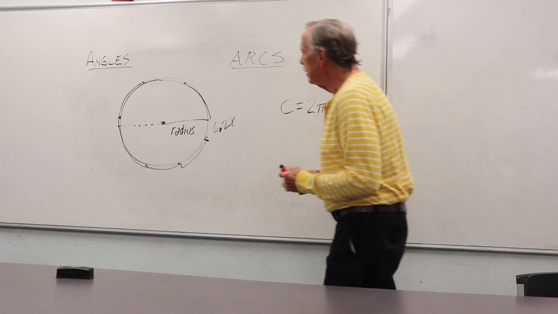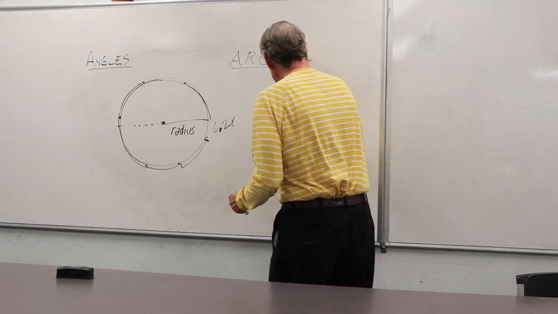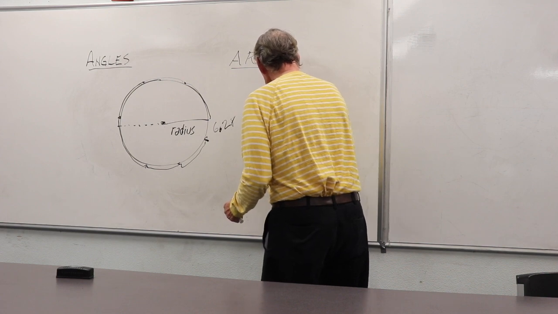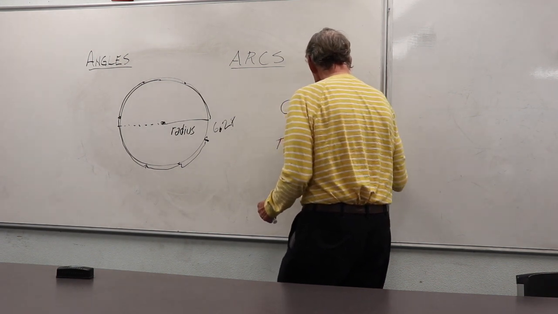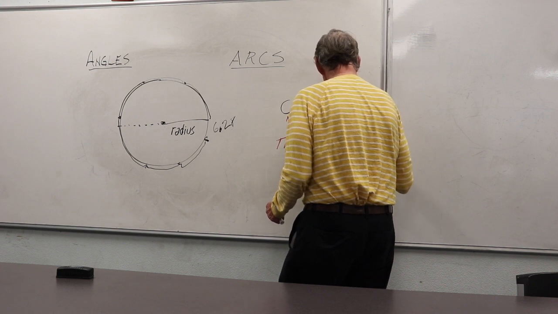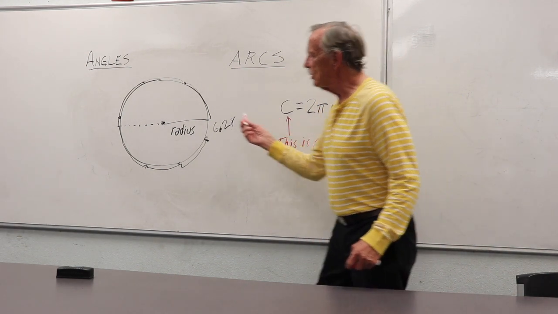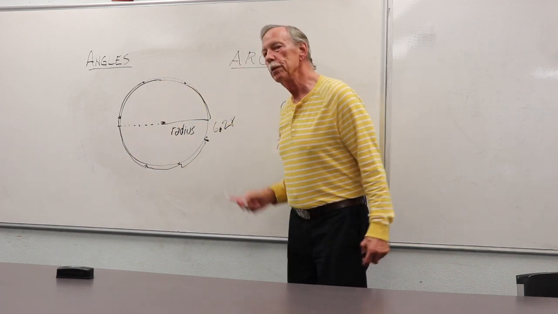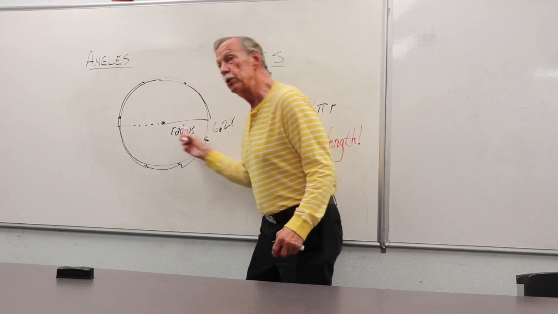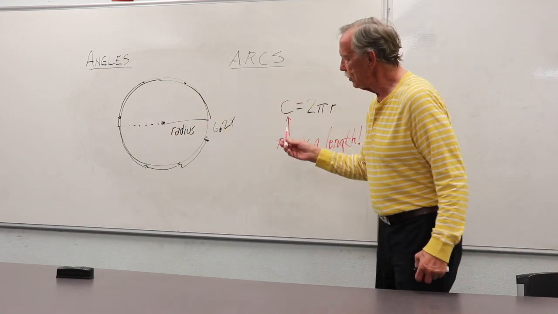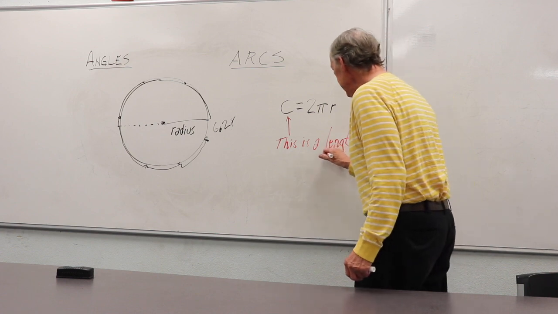So this length here, the circumference, is the distance around the circle in terms of the radius. If we know the radius, or the diameter, which is 2 radiuses, we can compute the circumference. Bear in mind that the circumference is a length. It's not an angle.